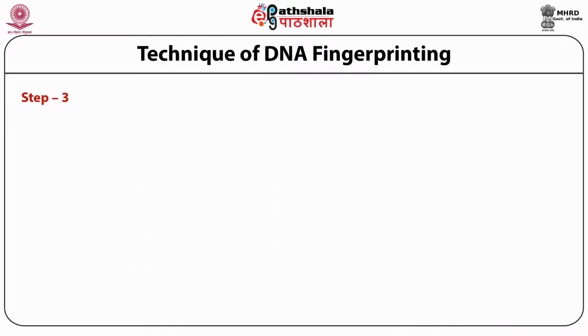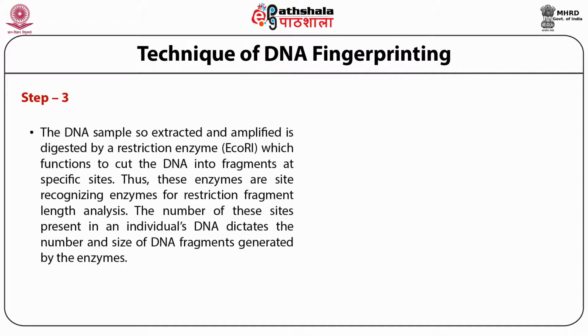In the next step, the DNA sample extracted and amplified is digested by a restriction enzyme such as EcoRI, which functions to cut the DNA into fragments at specific sites. Thus, these enzymes are site recognizing enzymes for restriction fragment length analysis.